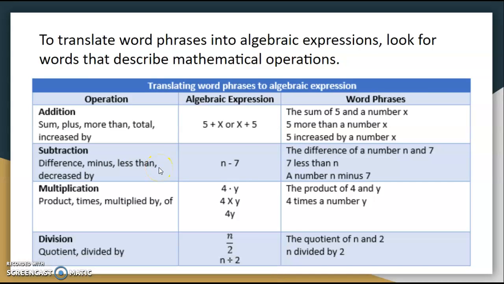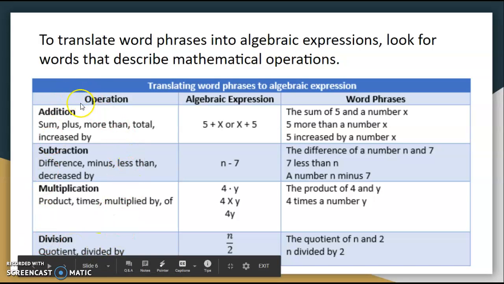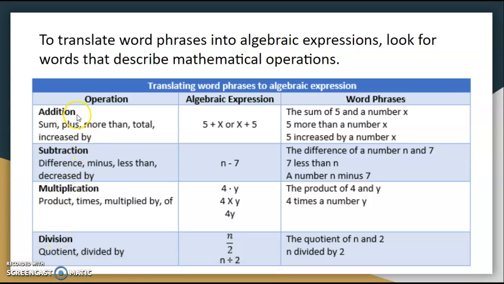To translate word phrases into algebraic expressions, look for words that describe mathematical operations. So words that describe mathematical operations are listed over here in this column, and it's broken down into addition, subtraction, multiplication, and division. Words that describe addition are sum, plus, more than, total, and increased by.